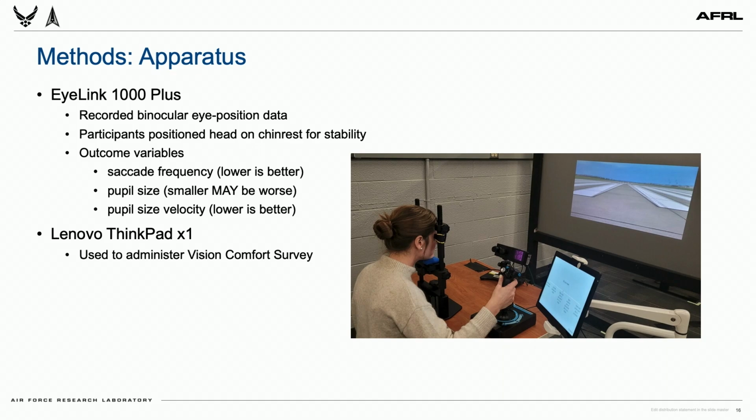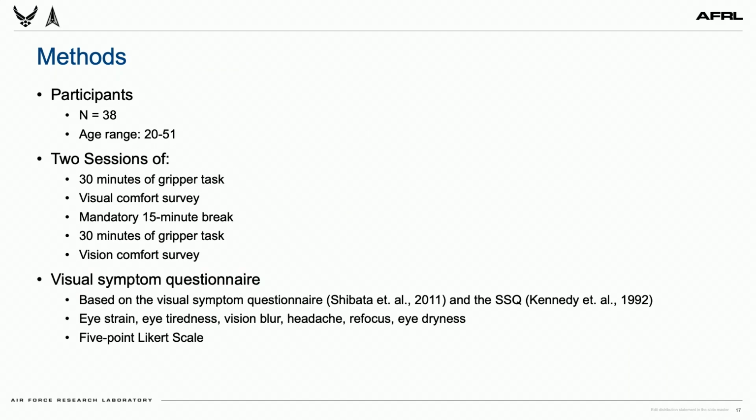Pupil size, smaller may be worse. I'll talk about this a bit later, but this isn't the greatest measure. Pupil size velocity, lower is better. You're going to get more eye strain if your pupil size is changing constantly. And then we had our visual comfort survey as well.